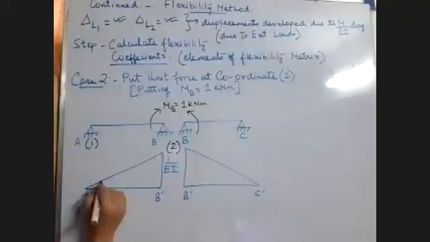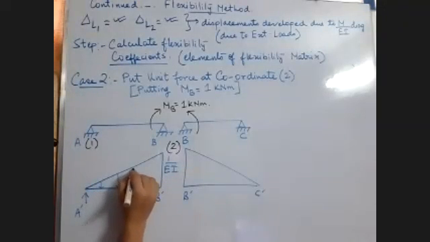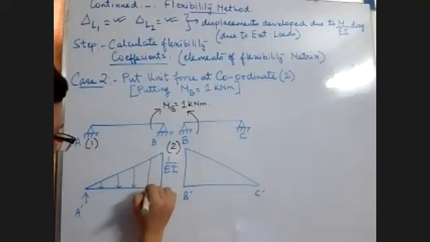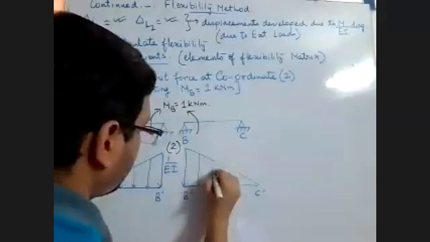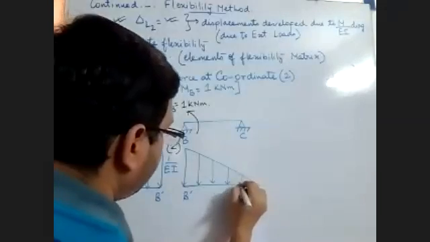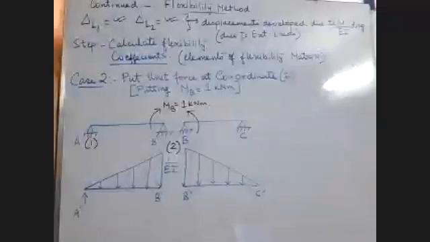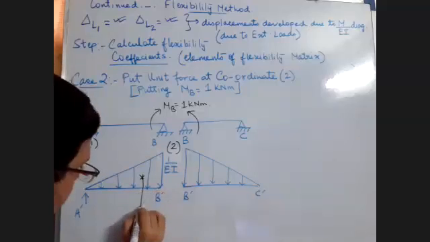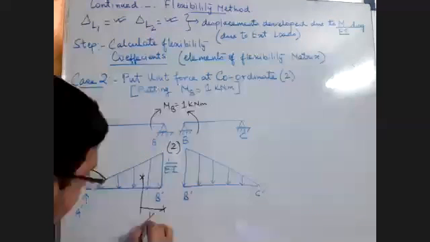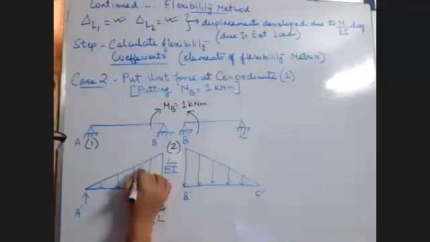The maximum magnitude will be 1 by EI. So we will draw the 1 by EI diagram like this. Okay, very nice. Next I have to show the CG distance.